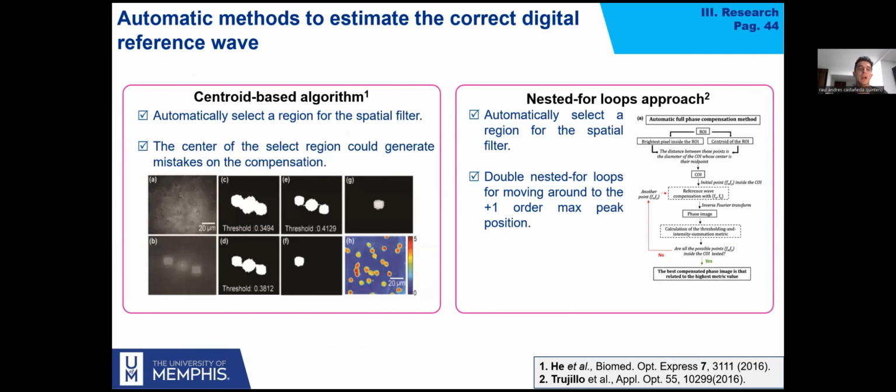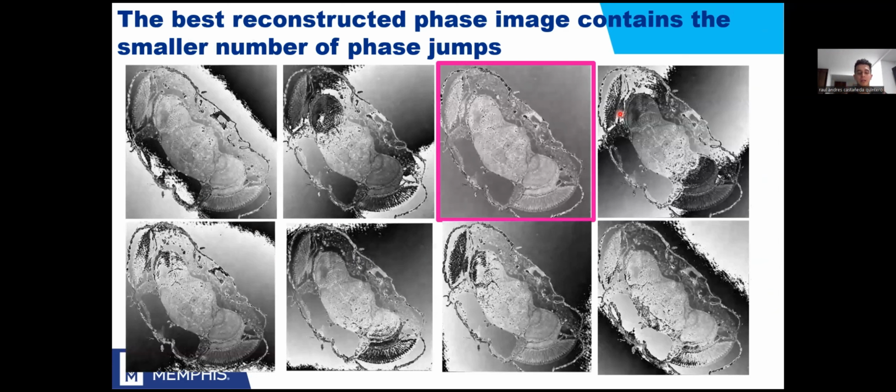Of course, there are different strategies to compute the reference wave in an automatic way. Some of these approaches are based on centroid-based algorithms. Other strategies are based on nested for loops. In either case, the general idea is to create a grid and start to look for the best numerical reconstruction.